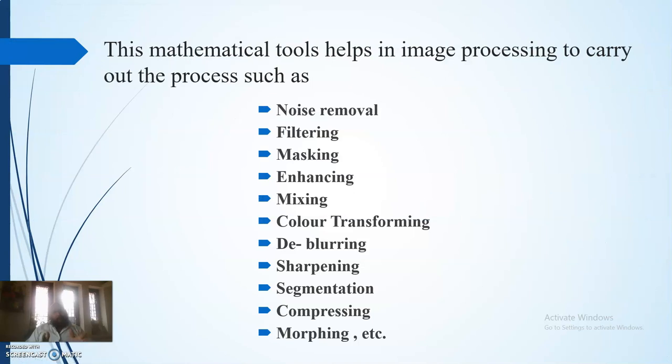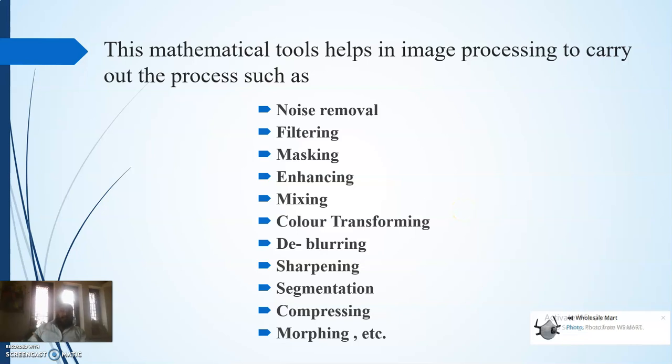With the help of these mathematical tools we can have various image processings. Some of them are listed below. In image processing we are carrying out noise removal, filtering, masking, enhancing the image, mixing two images, color transforming, deblurring, sharpening, segmenting the image, compressing the image, morphing the image.